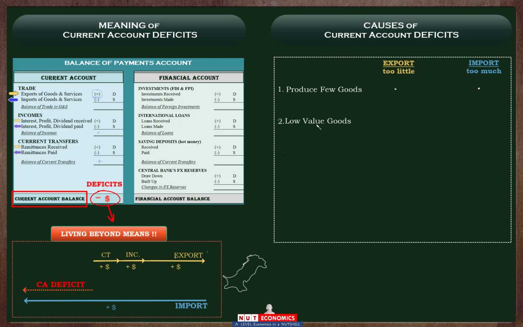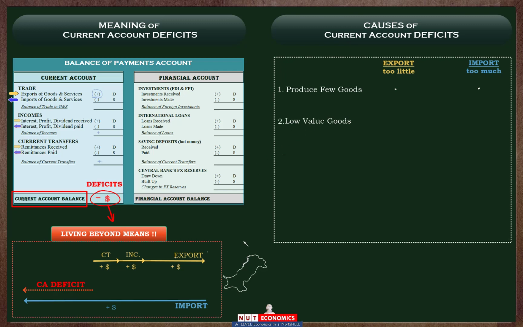Low value in the sense that they don't attract a very good price. So compare, let's say, one Apple iPhone. You sell one iPhone, you earn $1,500. But to earn $1,500 by selling wheat or rice, you will have to sell tons of rice because they are lowly valued goods. They don't attract prices of $15,000 per unit.